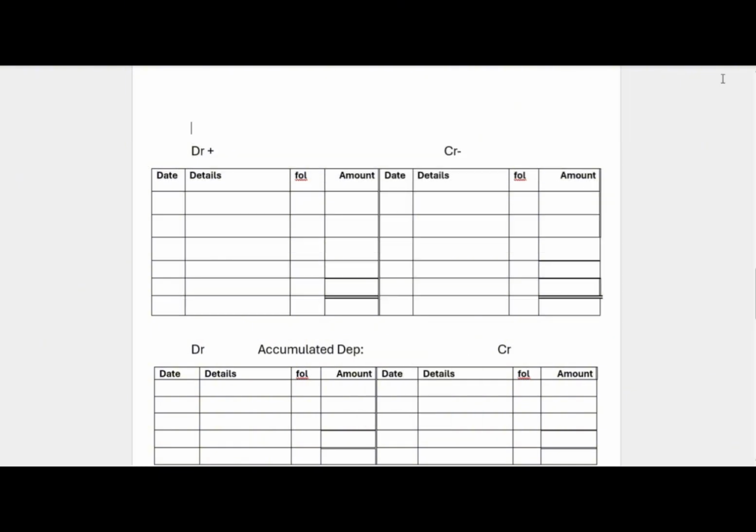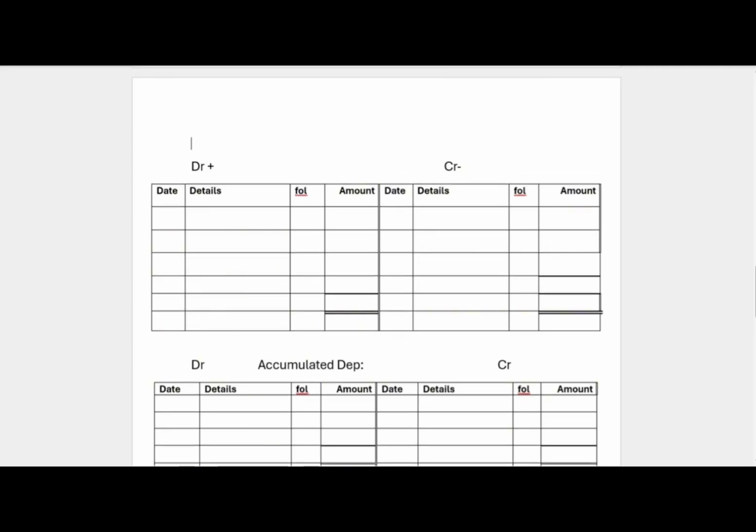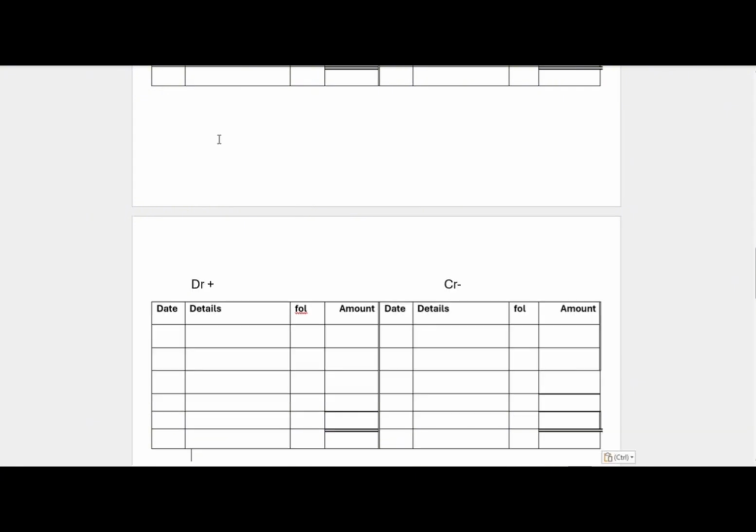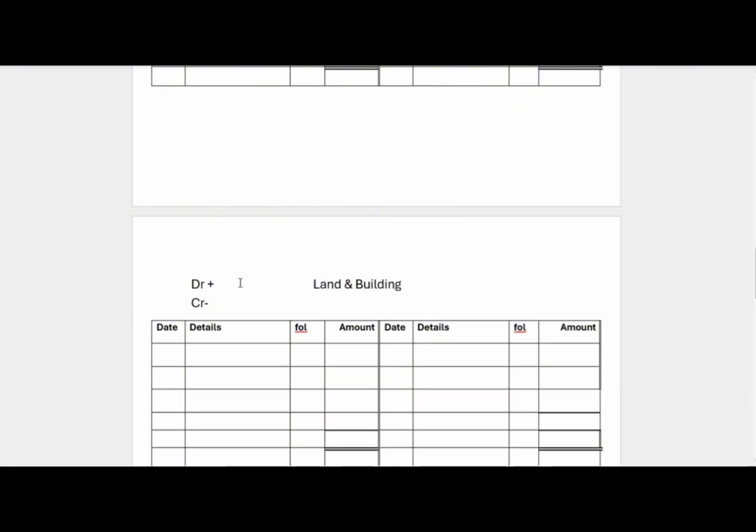So I'm gonna include this as for land and building before we go to equipment. All right, so I want us to do land and building account. Land and building.